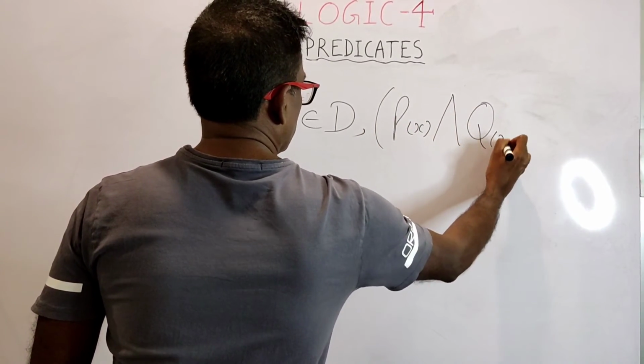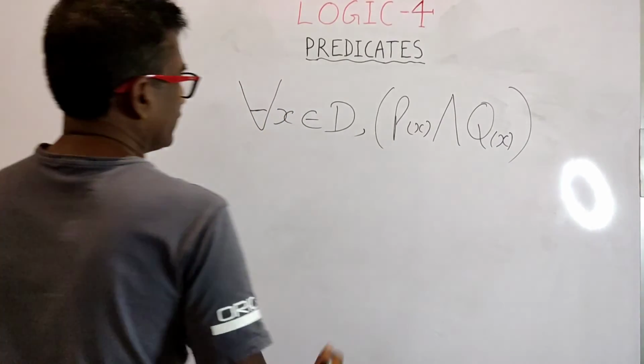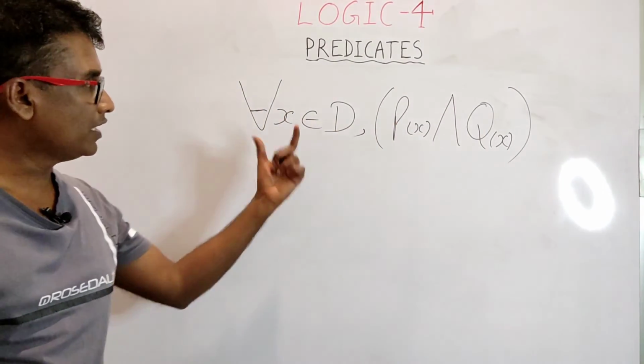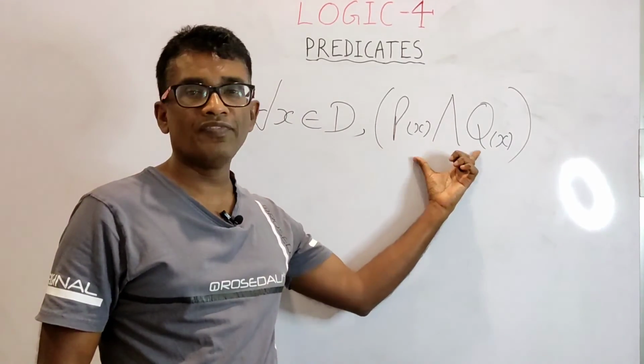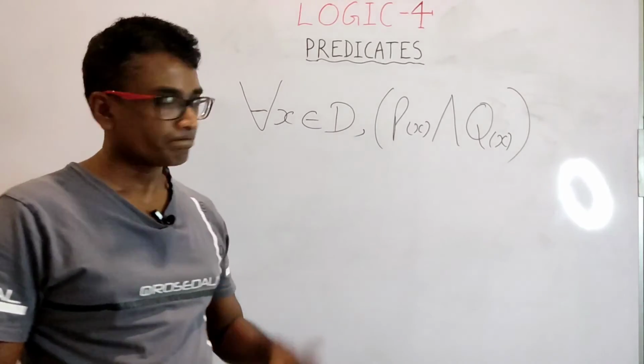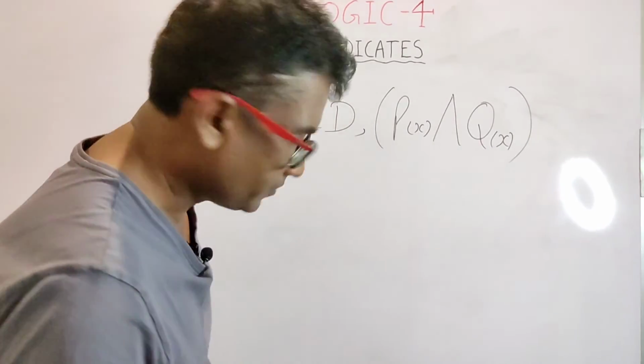We have to include this within a parenthesis. Now it makes sense. It is a proposition. It is saying that all x in D have both these properties. That is one concept.